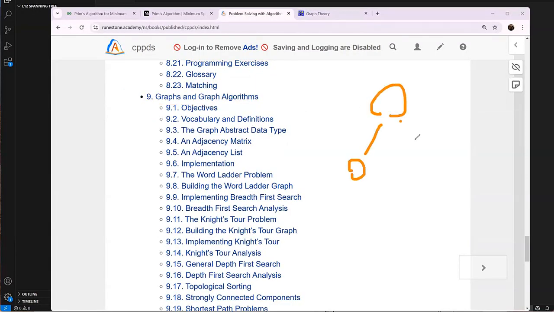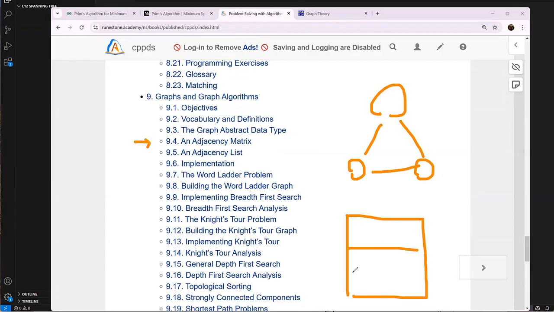A graph has edges and vertices, the basic definition. And then we covered that you can use a two-dimensional array for the adjacency matrix, or you can use a vector of vectors for it. Okay, so this one we covered.